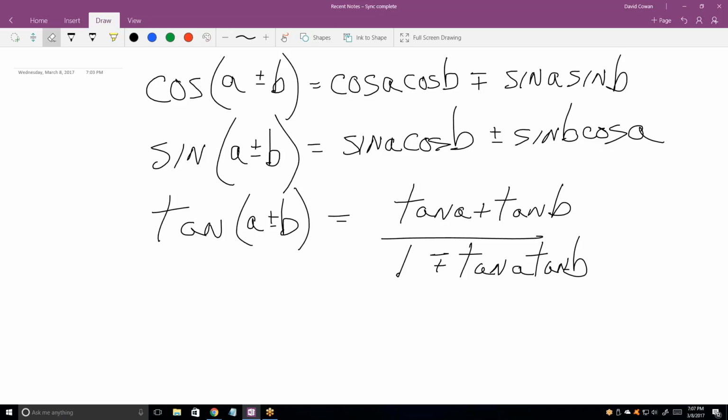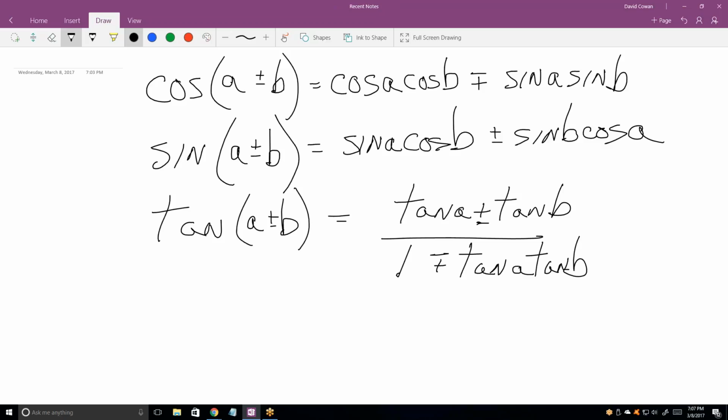No, if you had tan A minus B, okay. So I need a minus sign there is what you're saying. Yeah. That's the correct identity. It's been a while since I've done the tan one. So the numerator is the same order, and the denominator is the opposite order.